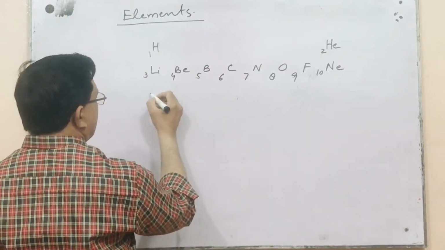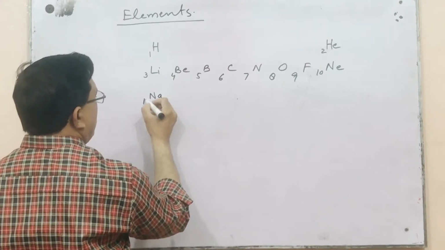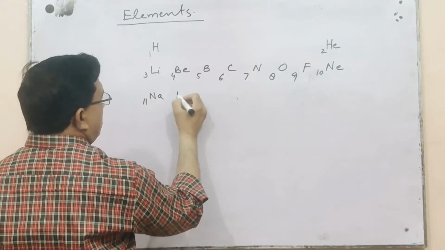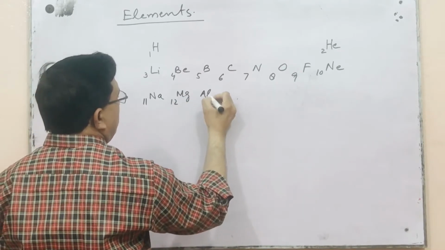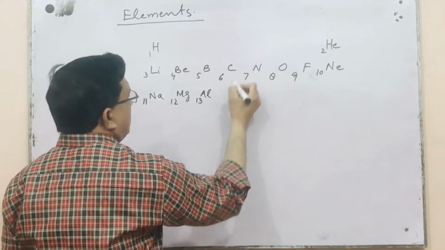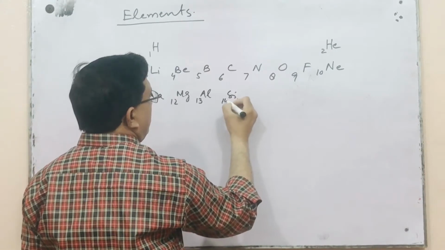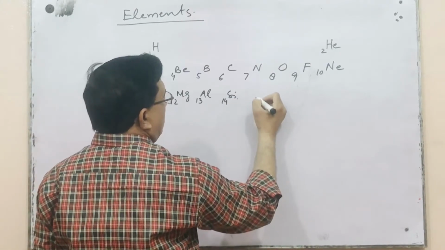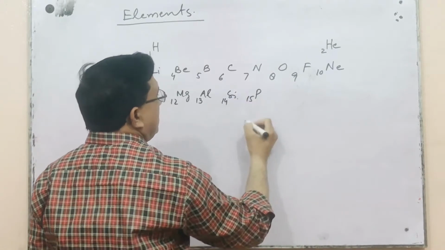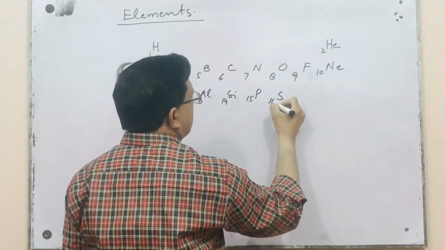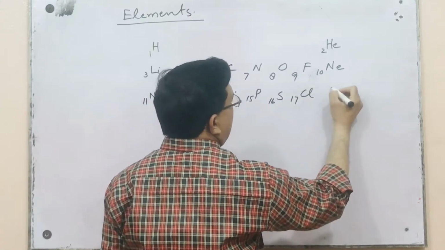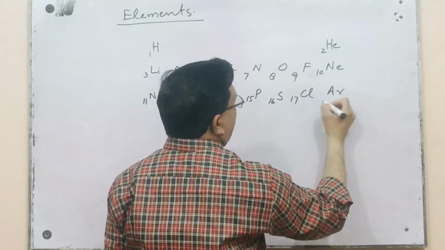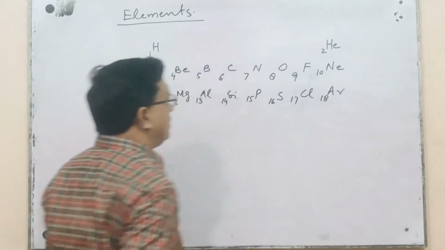Next is sodium with proton number 11, then magnesium with proton number 12, aluminium 13, then silicon 14, then phosphorus 15, sulfur 16, chlorine 17, and then there is argon with proton number 18.